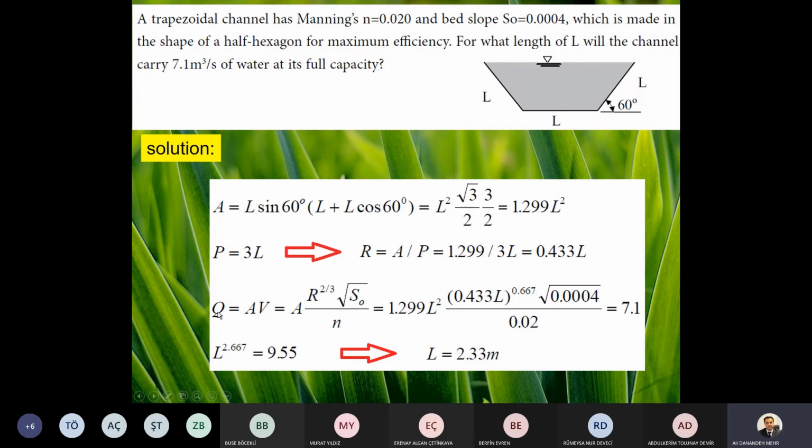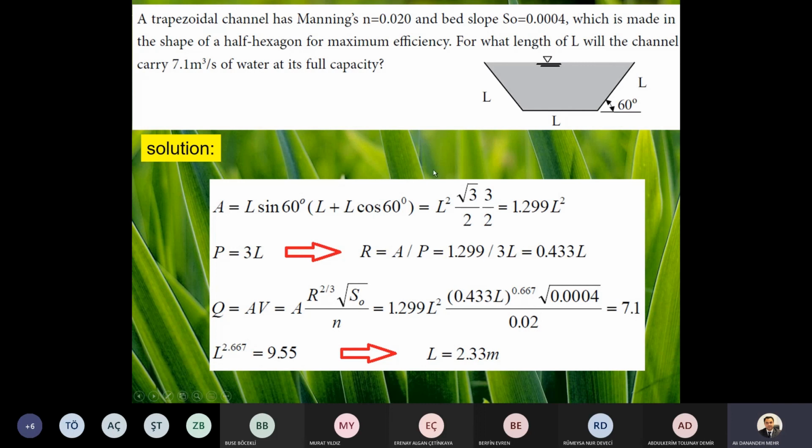I have this discharge and I have this formula, and we are already familiar with it. I have the right hand side of this formula by replacing area, replacing R to the power of 2/3, n already given, and square root of S0.